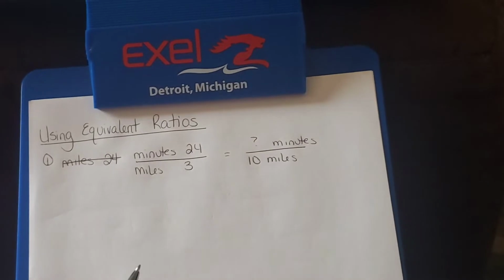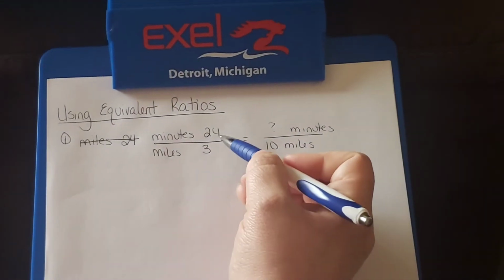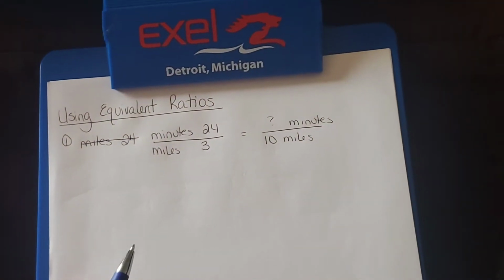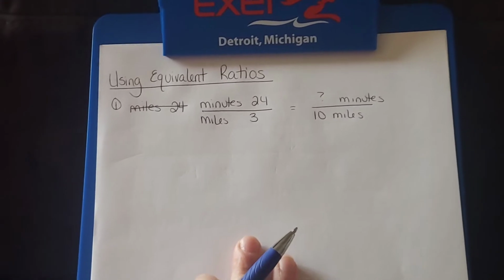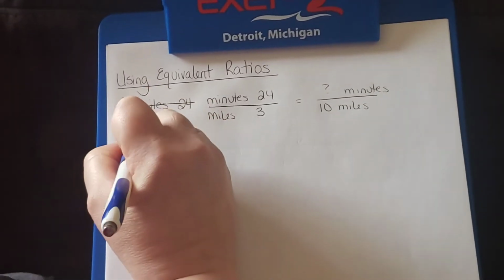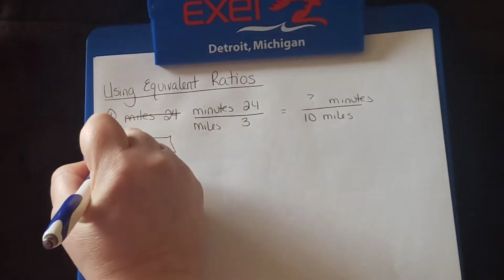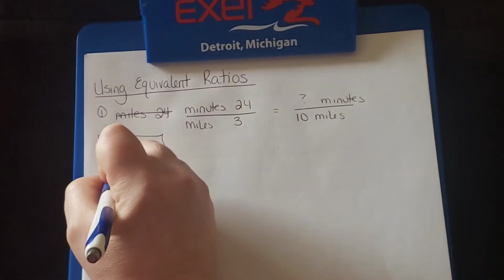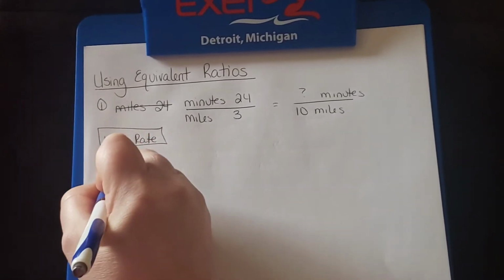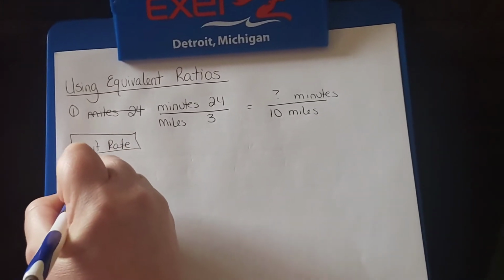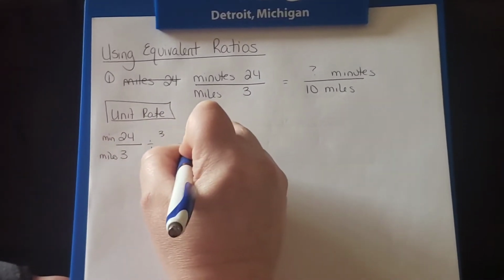So now we have to do one of two things. You could change that to its unit rate. So 3 does go into 24 evenly. Or you could do a double number line. So if you chose the unit rate method, you would take 24 minutes and the 3 miles, and you would divide them each by 3.